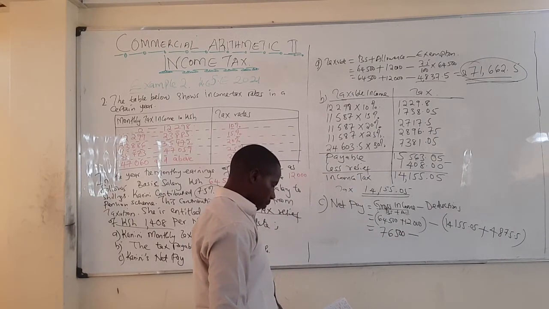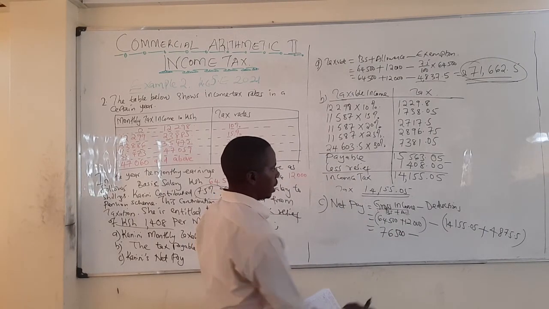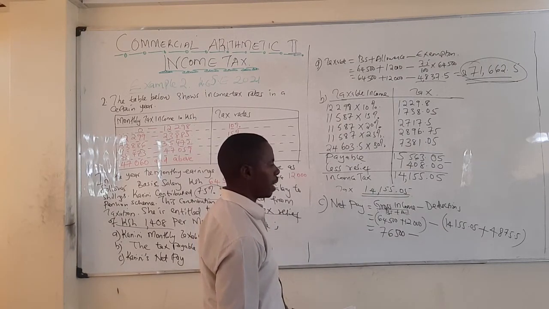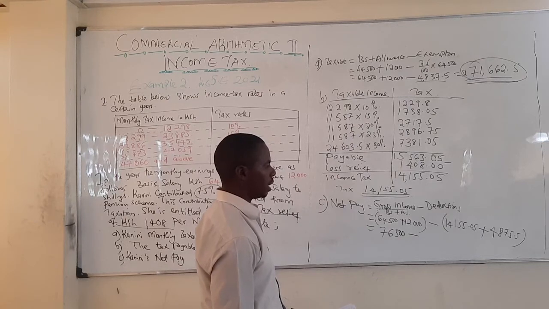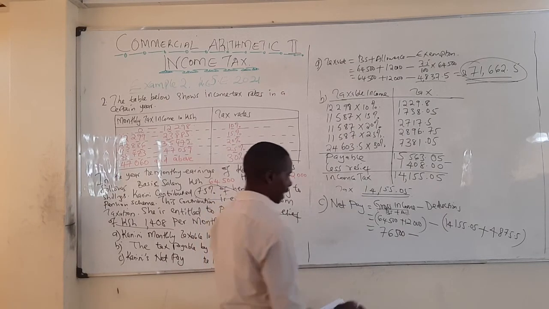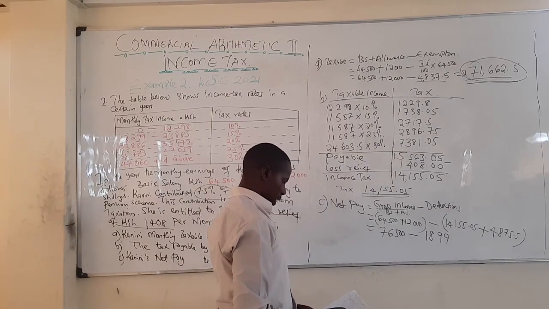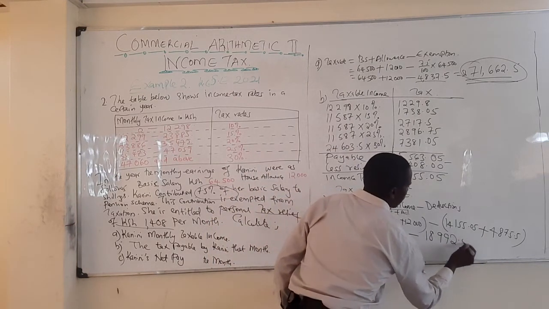Then we add the deductions, 14,155 plus 4,875. We're going to get 19,030.05.